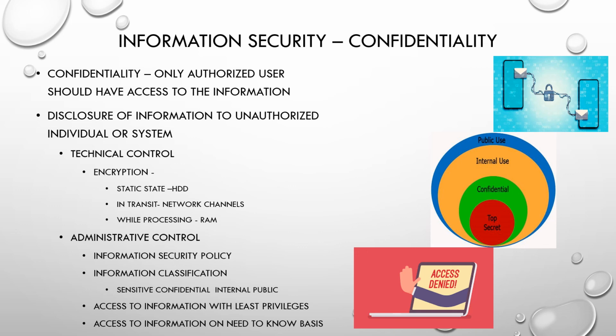That is, an HR user should have access to HR documents only, but not to marketing data and information, and vice versa. A production user should not have access to accounts, and an accounts user should not have access to production. I hope that this has cleared your concepts.